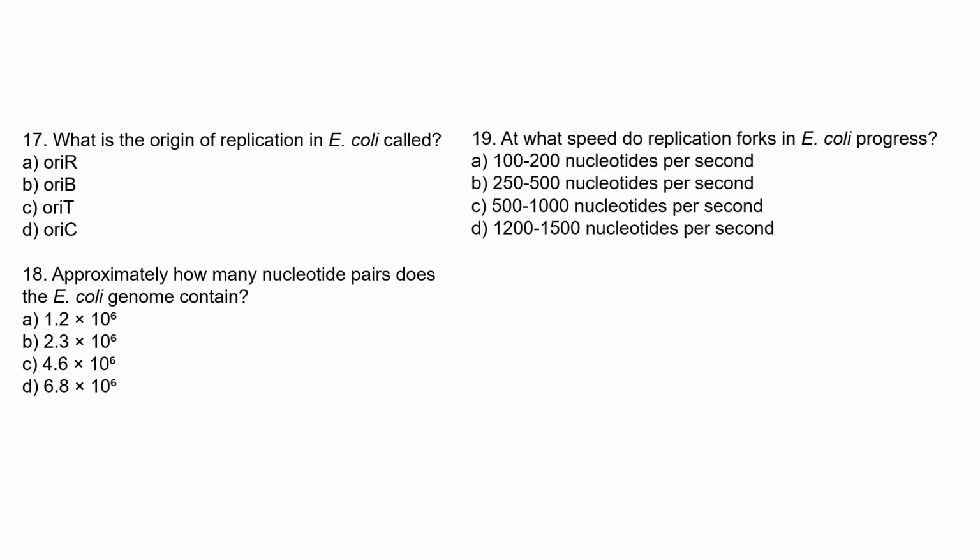20 minutes. Okay, and at what speed do these replication forks in E. coli progress forwards? Do you guys remember from your coursework and material? Option A. Anyone, any other answers?